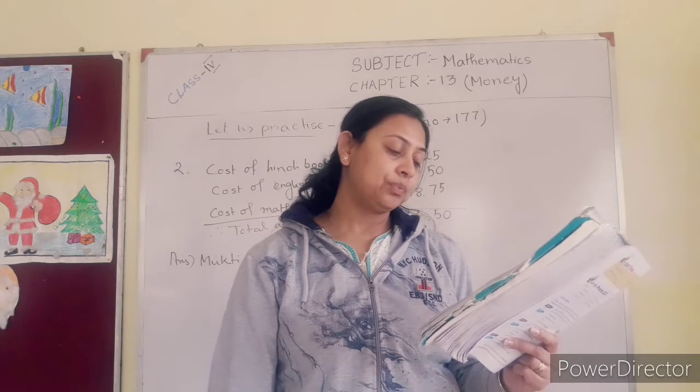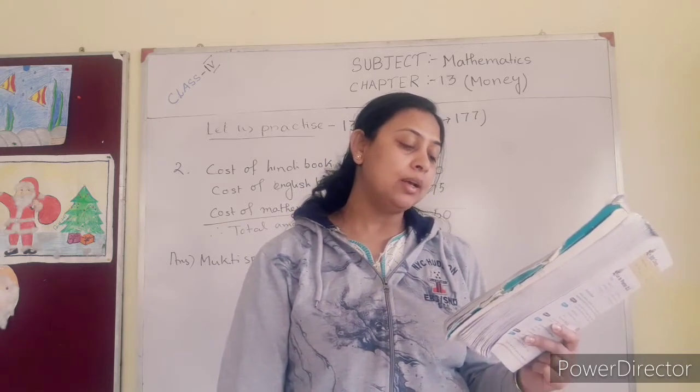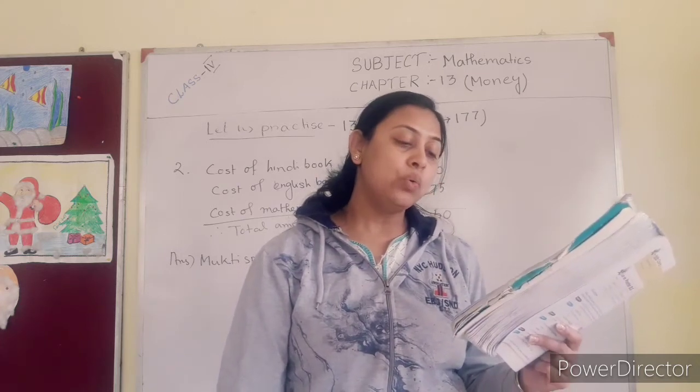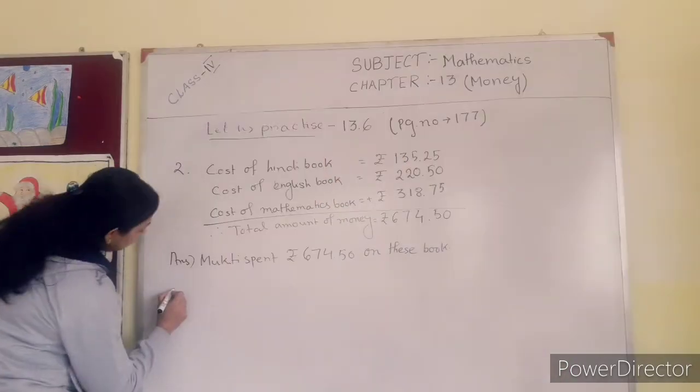Now number 4. The cost of a tie is rupees 429.25 and that of a belt is rupees 579.50. Which costs more and by how much?